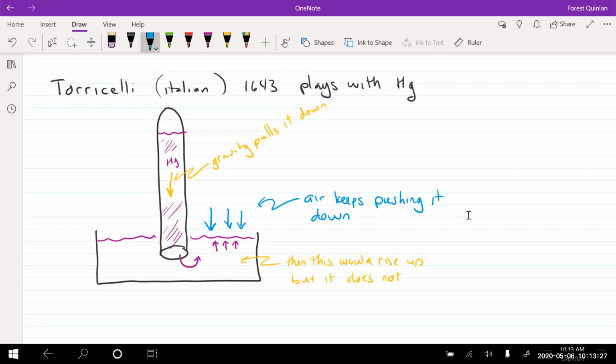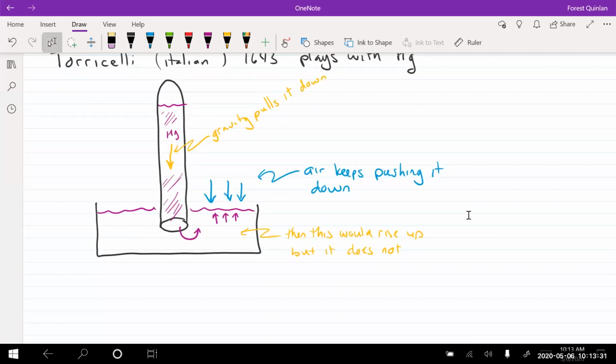Now, Torricelli was working with this, and he kept making various different sizes of tubes and making them longer and longer and longer. And what he noticed is, as long as the height of that tube was less than or equal to 760 millimeters tall, the air pressure would win.